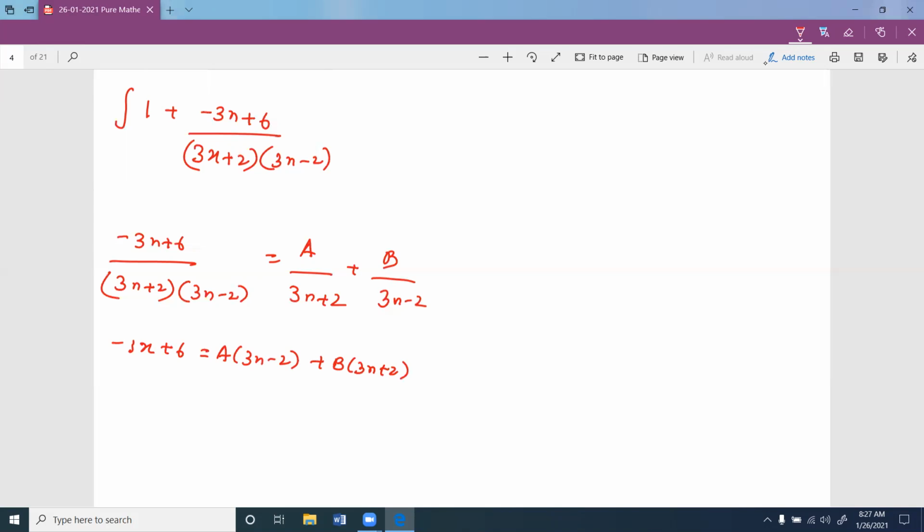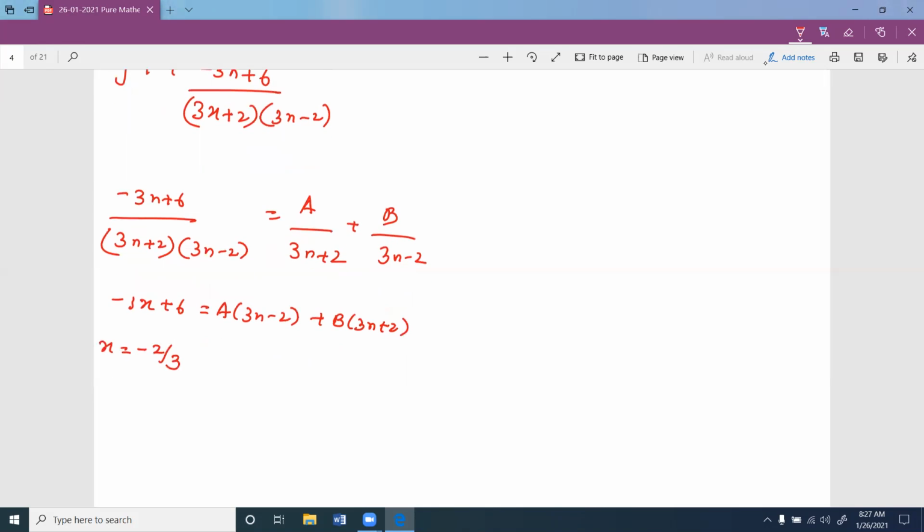So if you make x equals minus 2 over 3, these terms get cancelled. Putting in minus 2 over 3, it turns out to 2 plus 6, which is 8, equals minus 4a. Therefore, a becomes minus 2, right?